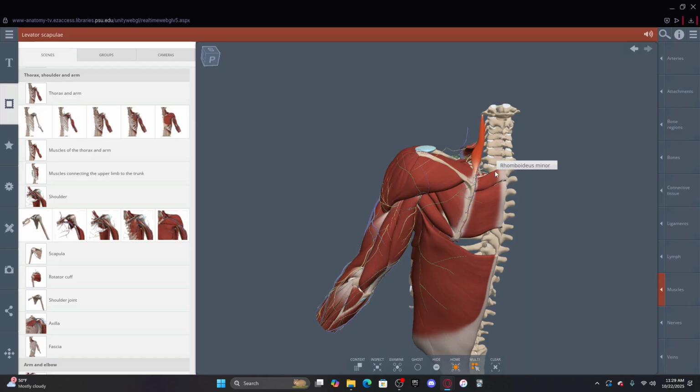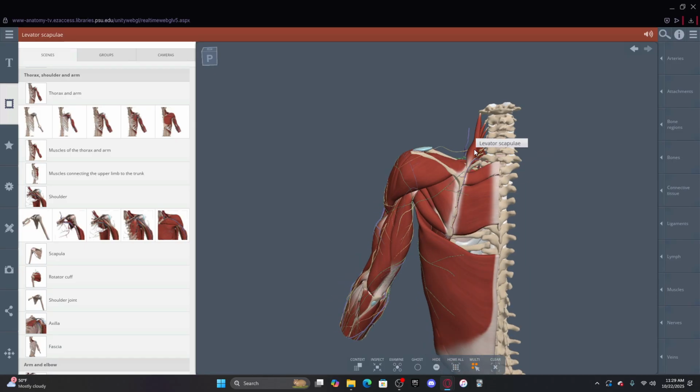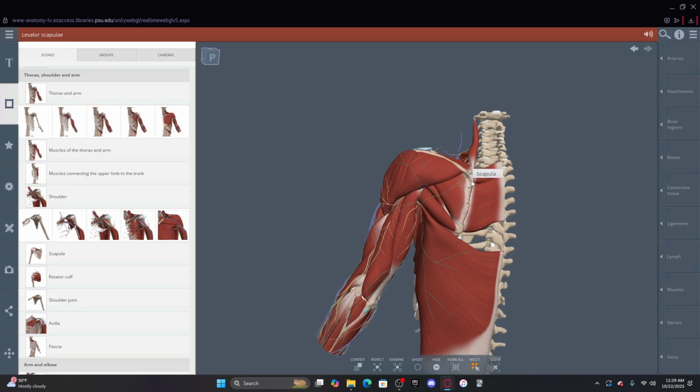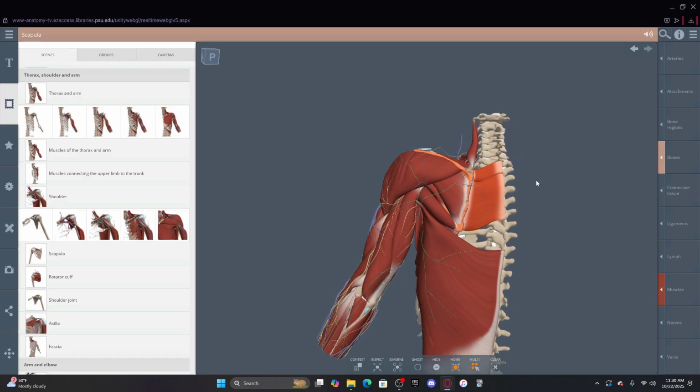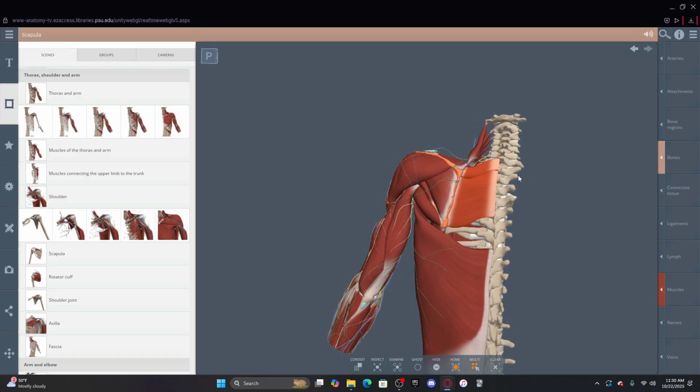Now we're going to look at rhomboid major and rhomboid minor. We can also see that this is the medial border of the scapula. Let me click on that as well. So rhomboid major and rhomboid minor attach from the vertebra, right?